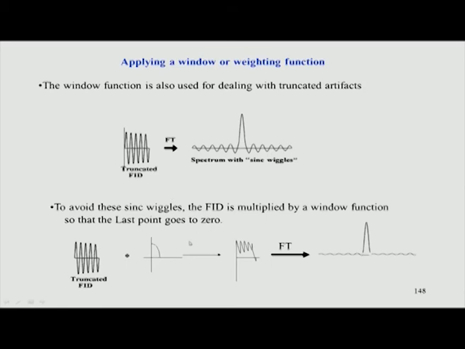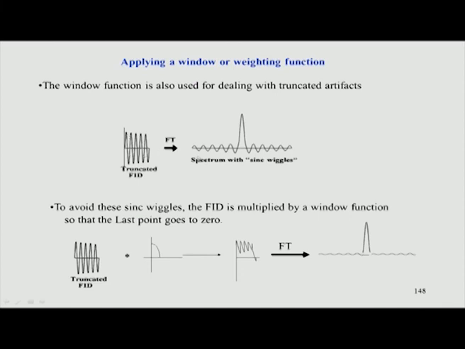So, the next step is to Fourier transform the spectrum after applying the apodization, and you get a peak. This slide basically talks about what is called a truncated FID. What it means is that suppose you have an FID which you do not complete. Remember, we mentioned in the beginning of this class that the acquisition time has to be 3 times the T2, but that does not always happen.